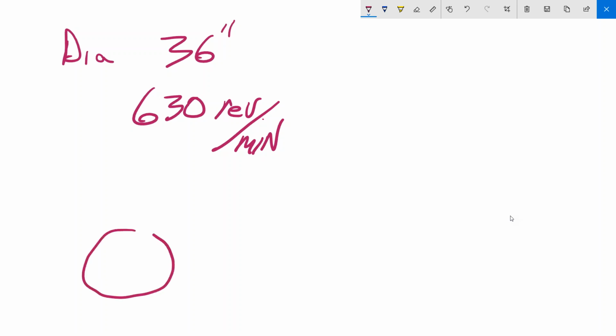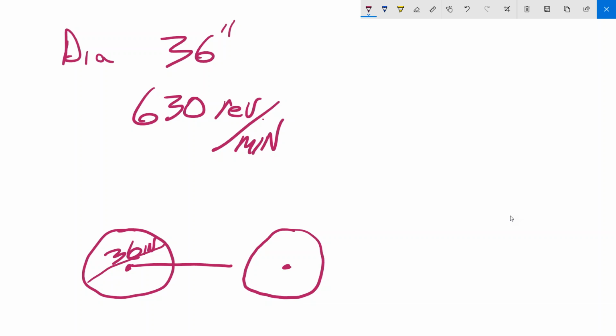In other words, if I take a wheel here, it's got a diameter of 36 inches, and I start rotating it to the right, after 1 complete revolution, the distance it has traveled from there to there is the circumference of that circle.